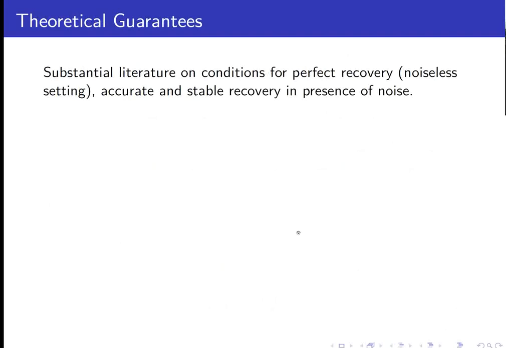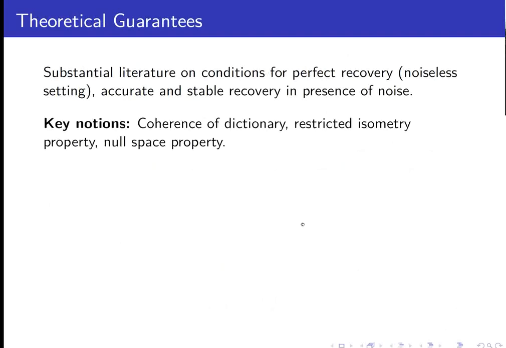All right. In terms of theoretical guarantees, there's been a lot of them. I'm not going to review all of them. I hope some people are familiar with these notions. There are notions of coherence of the dictionary, restricted isometry property, null space property, etc. The bottom line is that under some conditions, some of these current methods are optimal.